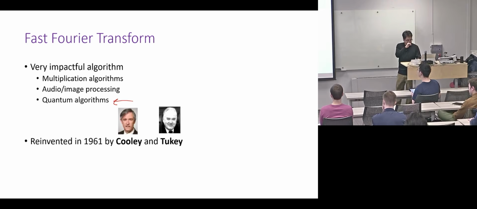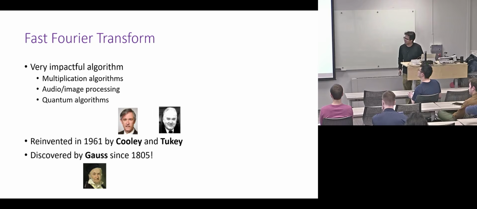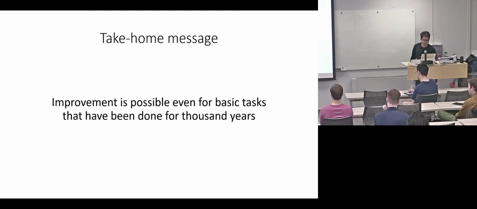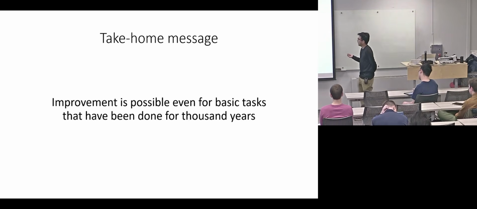So this was invented long ago, like 60 years ago, and one can argue that it had been discovered hundreds of years earlier by Gauss. You will see what it is next class. But I want to point out that there are so many basic tasks in everyday life, and improvement is always possible.